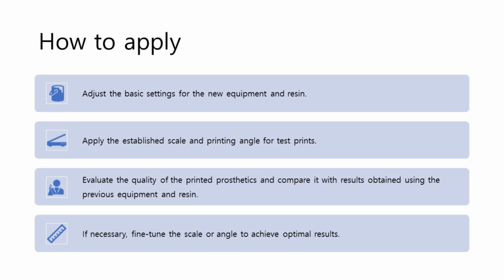1. Adjust the basic settings for the new equipment and resin. 2. Apply the established scale and printing angle for test prints. 3. Evaluate the quality of the printed prosthetics and compare it with results obtained using the previous equipment and resin. 4. If necessary, fine-tune the scale or angle to achieve optimal results.